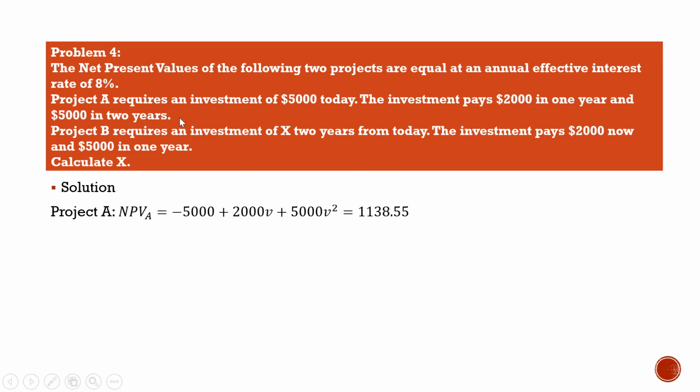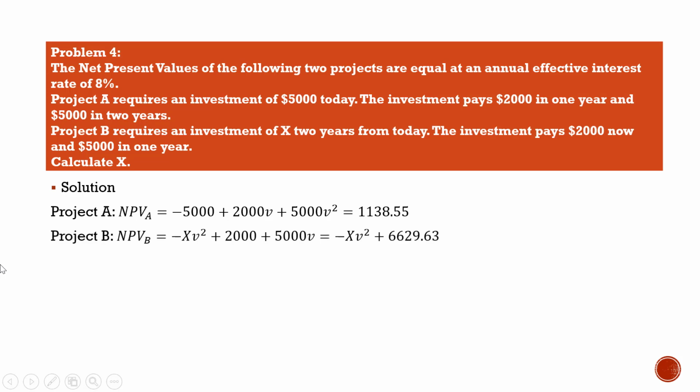At time 2, the investment pays 5,000. So that is the second cash inflow, and we have 5,000 v squared because it's made at time 2. So for project A, the net present value is 1,138.55 at the effective interest rate of 8%.